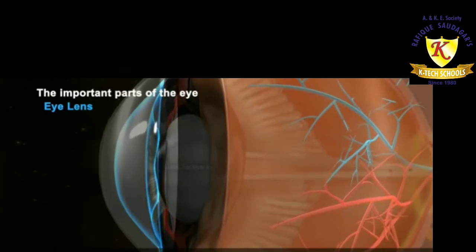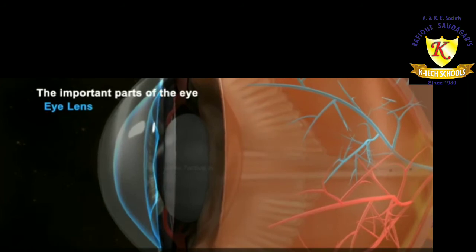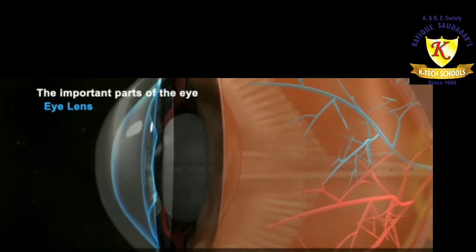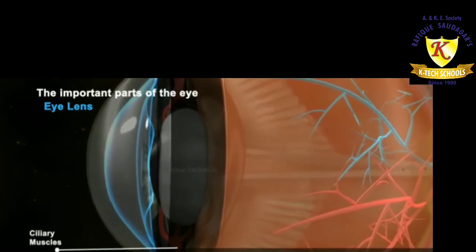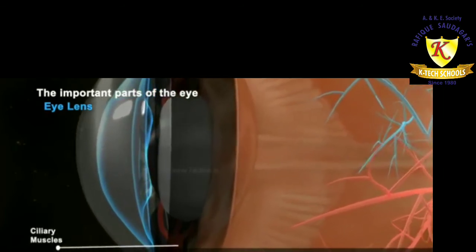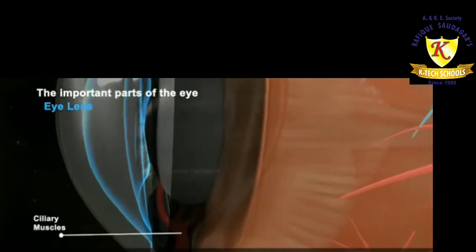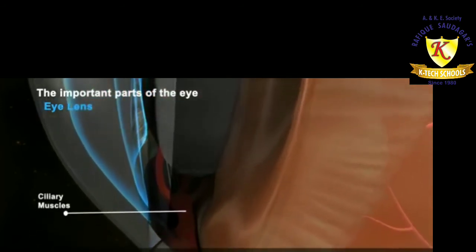The eye lens is held in position by ciliary muscles. The ciliary muscles help in changing the curvature and the focal length of the eye lens.